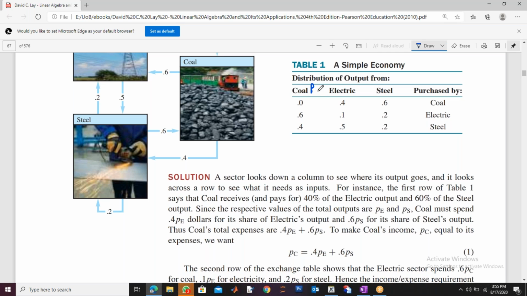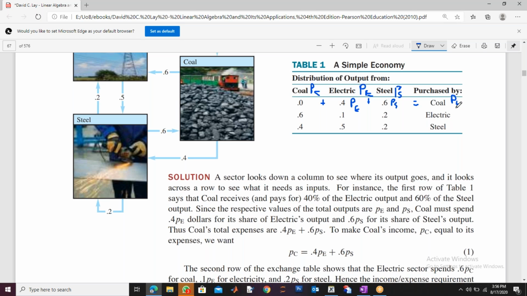We have PC for this, PE for this, and PS for steel. So I should get 0% from PC, plus 0.4 from PE, plus 0.6 from PS should go to the coal. And what is coal? Coal is PC, right?